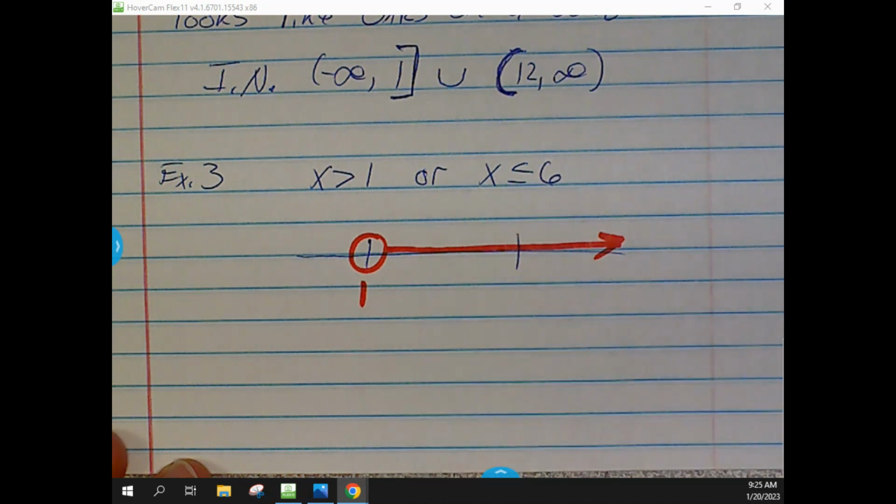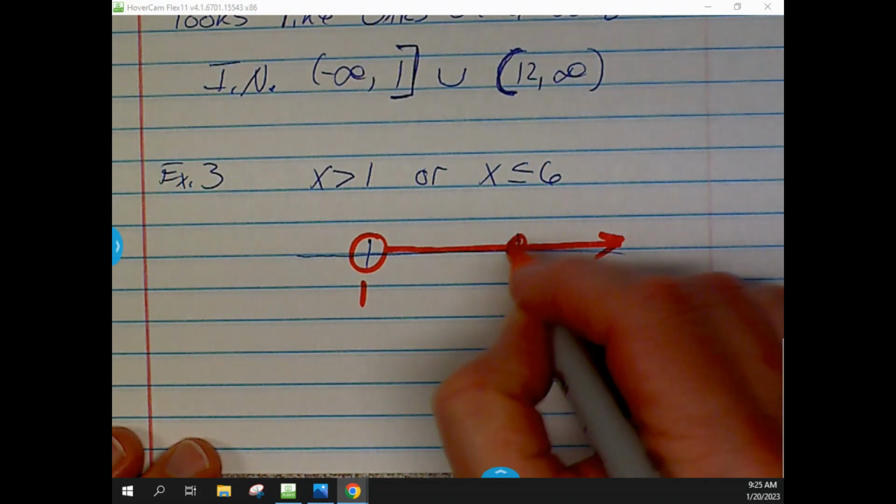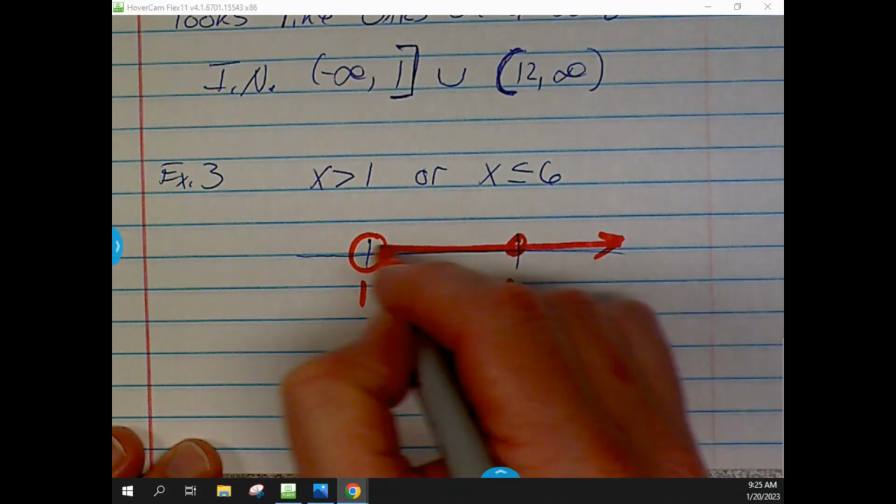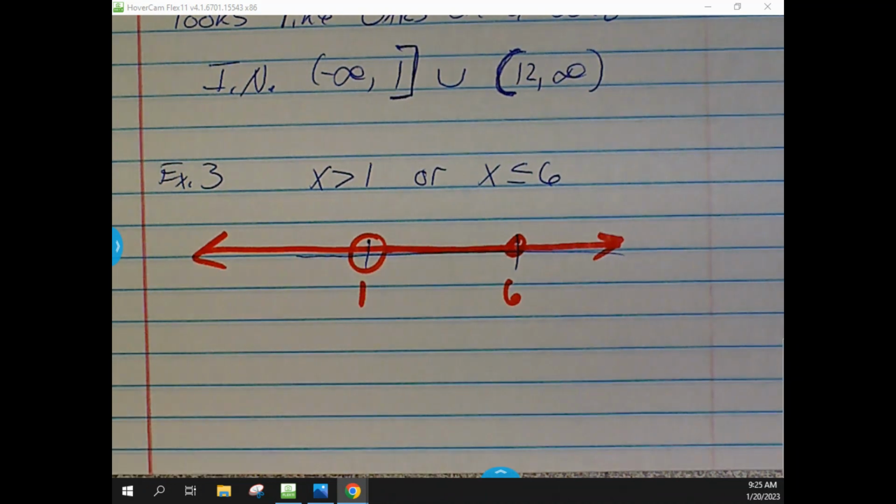Then if you graph the other, you've got everything less than or equal to 6, which is a solid circle at 6 going that way. Which means if you do that one, you've covered everything in every direction.